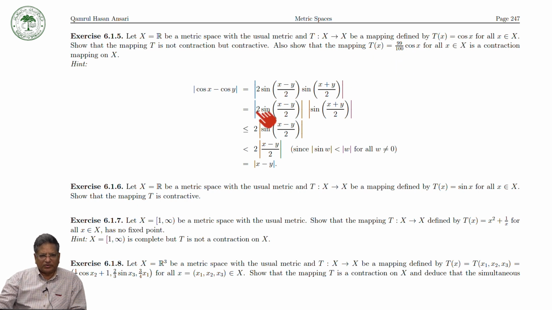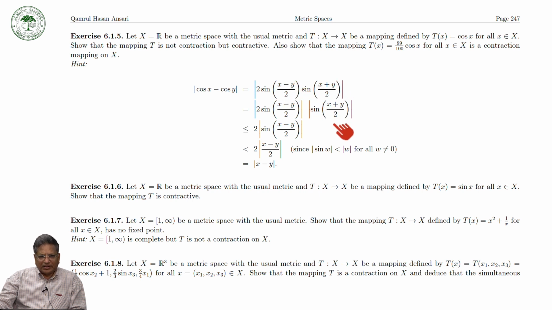We can use this identity for the modulus of cos x minus cos y. We use the identity cos x minus cos y = 2 times sin((x minus y)/2) into sin((x plus y)/2). So this you can write as the mod of the first term into the mod of the second term.